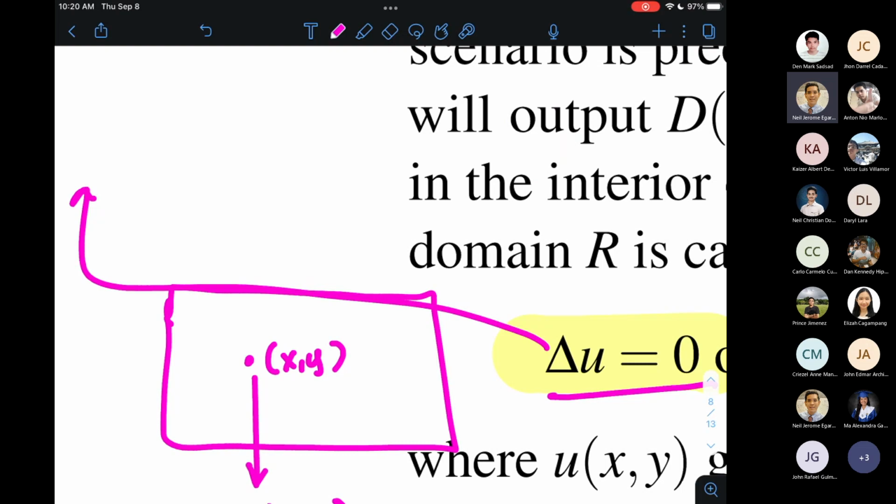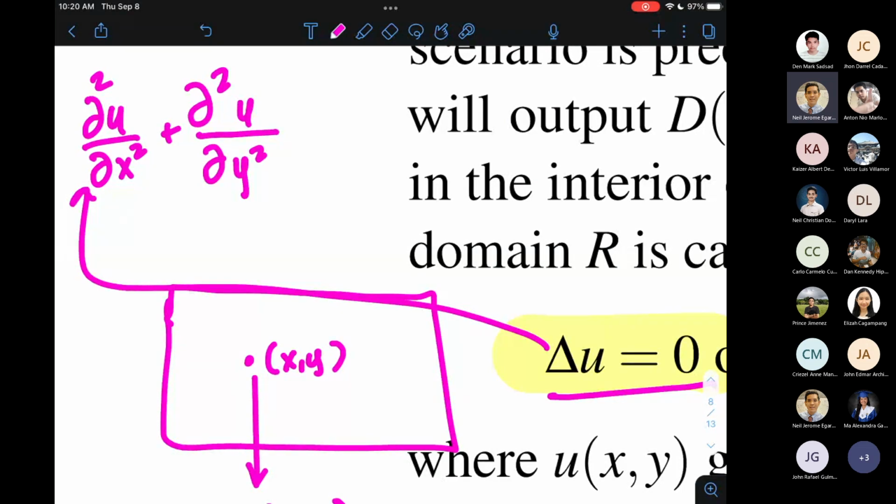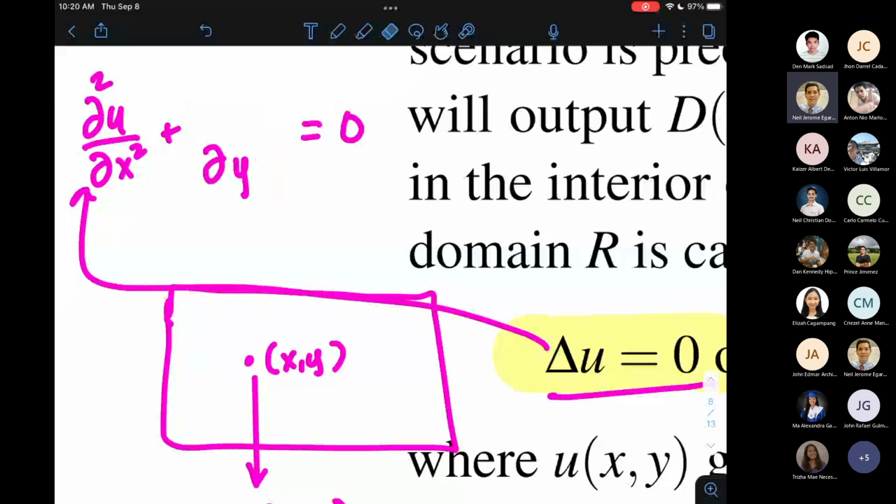But for simplicity, kunin ko lang yung 2D case, alright? So basically, Laplacian ng u ay partial ni u with respect to x pero second order plus partial derivative ni u ngayon with respect to y naman, okay? Tapos the sum should be equal to 0. Yung nga pala yung taas.